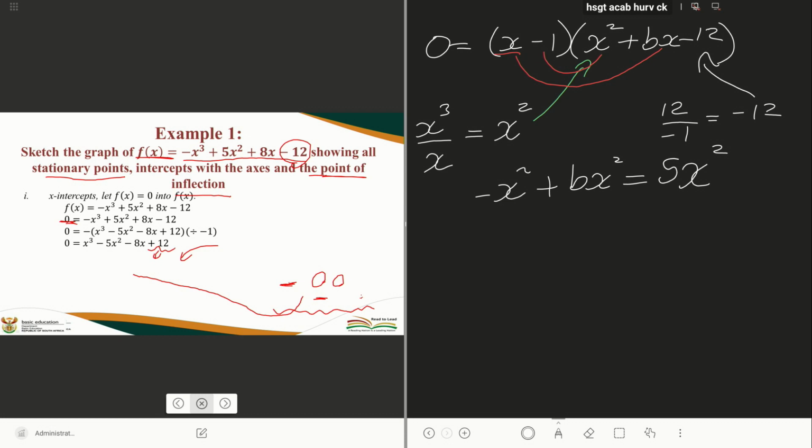So now I can say, therefore, negative 1 plus b is equal to 5, so b is equal to 5.